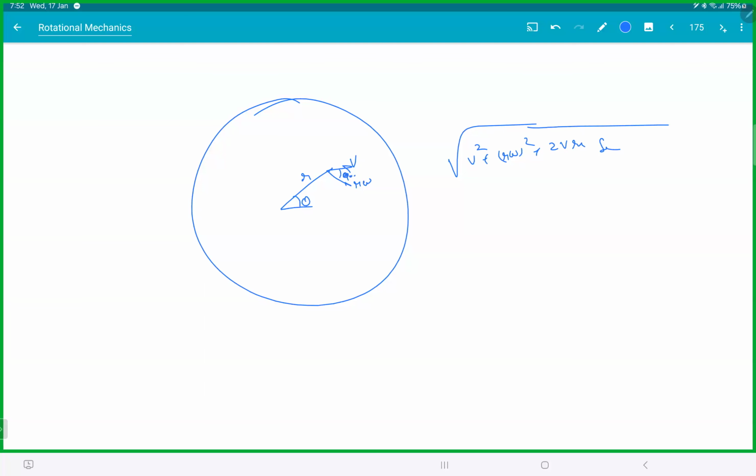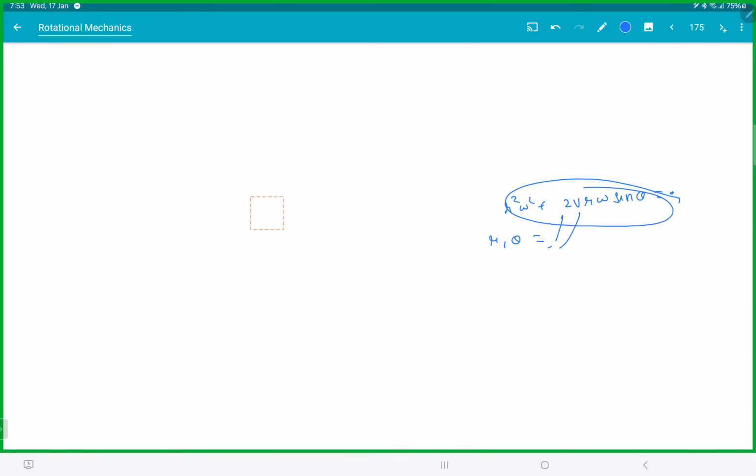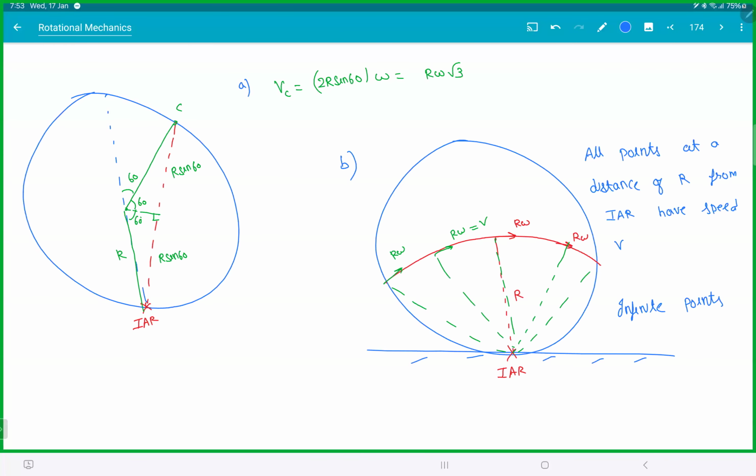This should be equal to V. So you get r square omega square plus 2v r omega sine theta equal to 0. For different values of r and theta, you can satisfy this condition. There'll be infinite points. But wo click nahi hoga when you see this equation. Because you can change the distance, you can change the angle, na? So you can find infinite points on the disk whose velocity will be V. That is a little difficult to see from that equation, but with the IAR, it looks so easy.